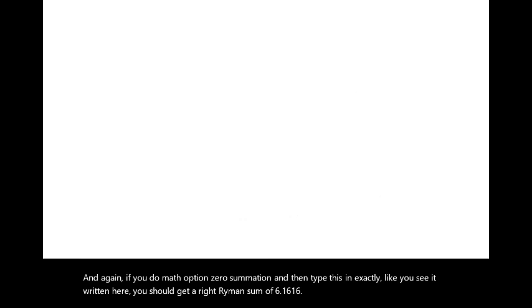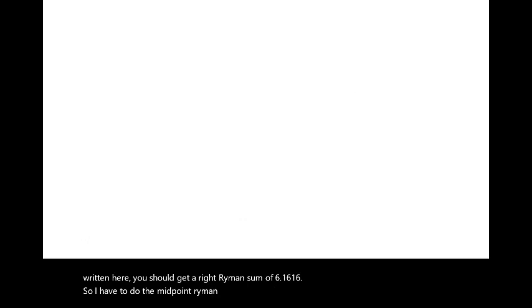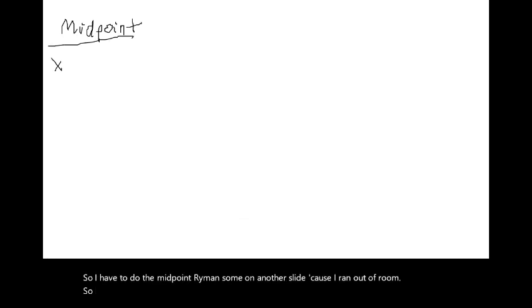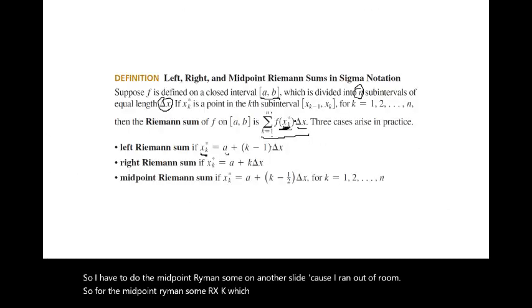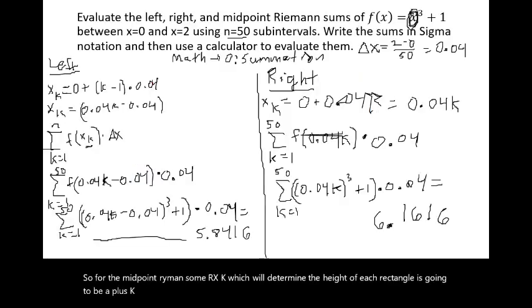So I have to do the midpoint Riemann sum on another slide because I ran out of room. So for the midpoint Riemann sum, our xk, which will determine the height of each rectangle, is going to be a plus k minus a half delta x.